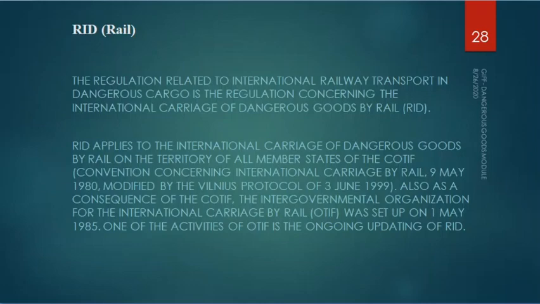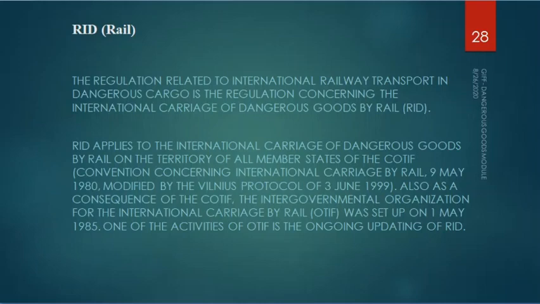Now, when you come to rail, it also has its regulations related to the international railway transport of dangerous goods cargo, the regulation concerning the international carriage of dangerous goods by rail, called the RID.